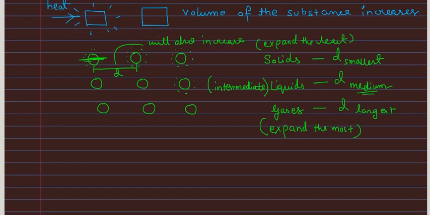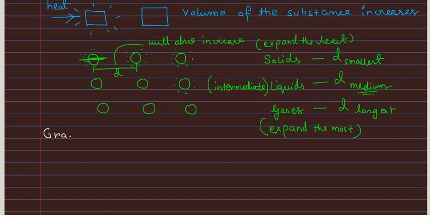In order to show that solids actually do undergo the kind of expansion we are talking about, we will now look into an experiment which is a very good experiment and actually proves this point.